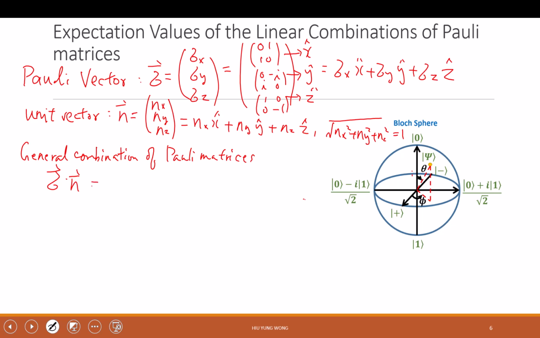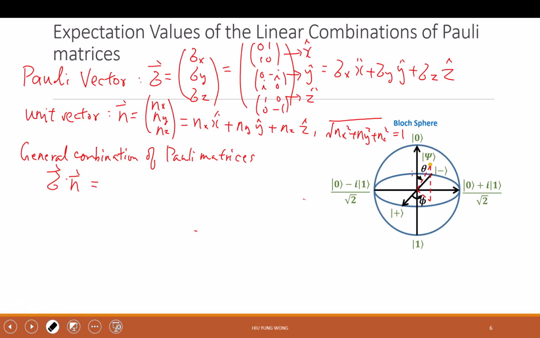And what is the inner product? You know already, right? Because the bases are x hat, y hat, z hat, so the inner product is going to be the multiplication of the corresponding components. If you forgot, again, how do you do inner product? Bra times ket.